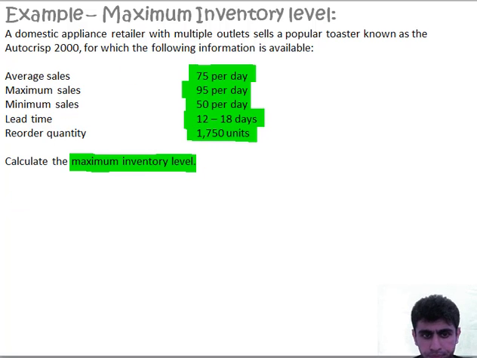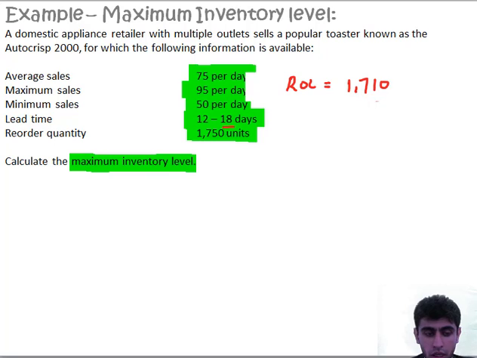Please make sure that you still remember the reorder level as we calculated in our previous question. The reorder level was 1710, and that is calculated using maximum sales of 95 per day and maximum lead time of 18. So 95 times 18 is our reorder level of 1710.